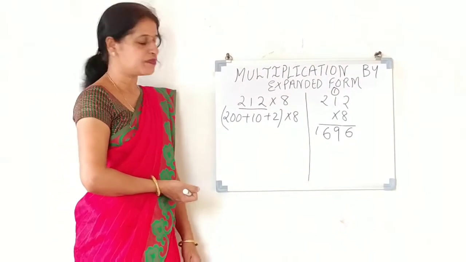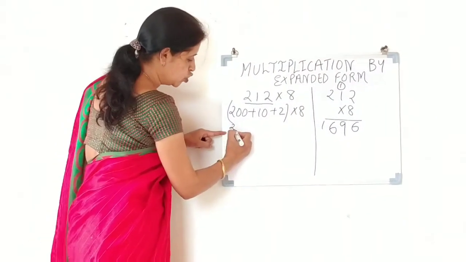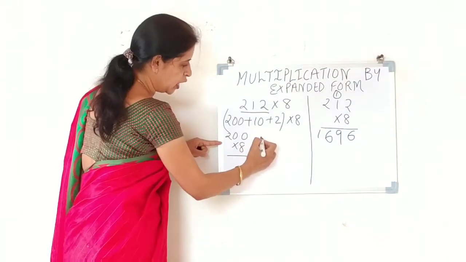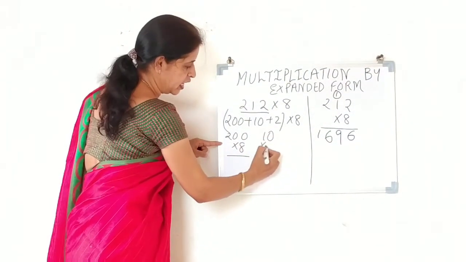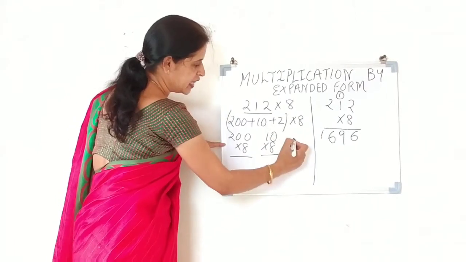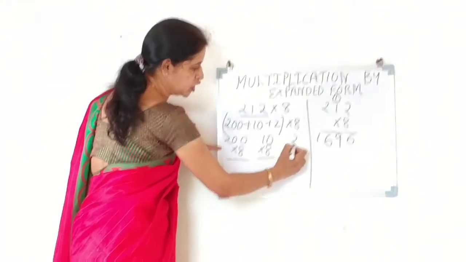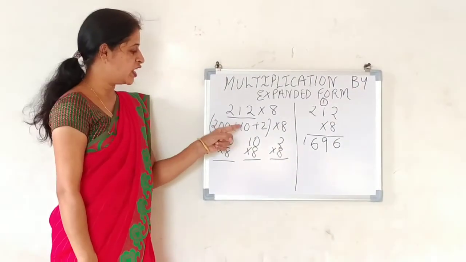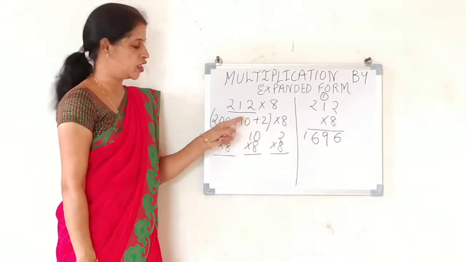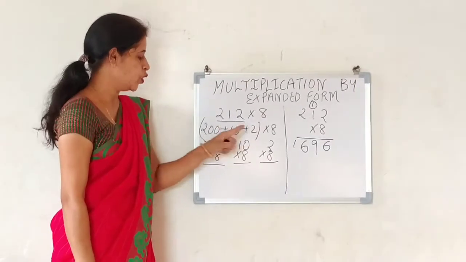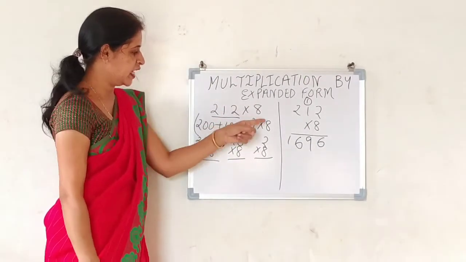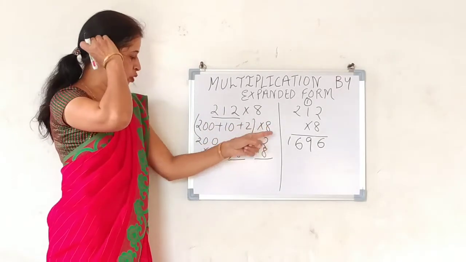Now let us multiply first 200 into 8, then 10 into 8, and then 2 into 8. Is it clear? These are the 3 parts that we have expanded: 200 plus 10 plus 2.